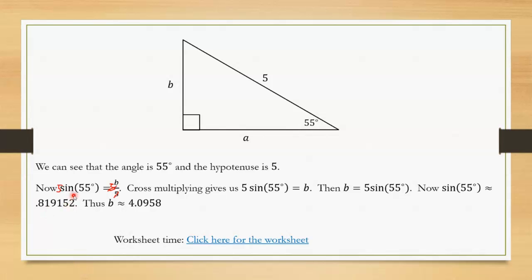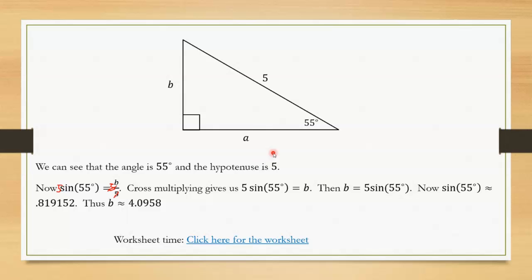I wrote it on the left side over here. Now, what is sine of 55 degrees? That's where the calculator comes into play. We use the calculator to get this, and then we multiply by 5, and we get B as this. All right, that's fun. So that's B.